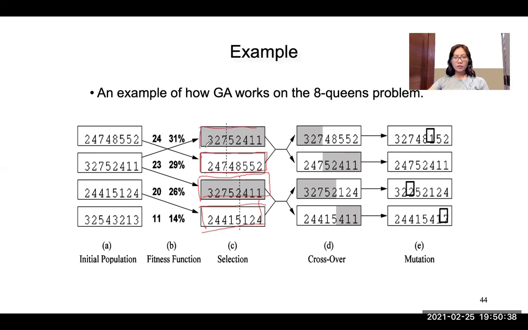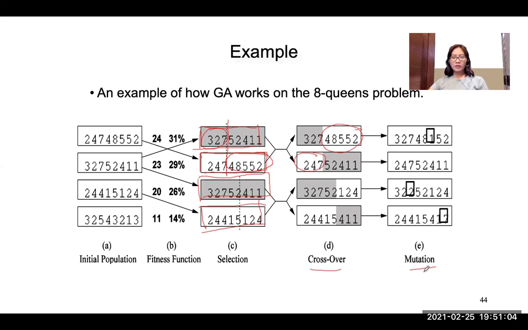Once you know the parents, you can start to do the crossover and mutations. The crossover means that you pick a point and then swap these bits and these bits. So the white part and the gray part. The same with this one.